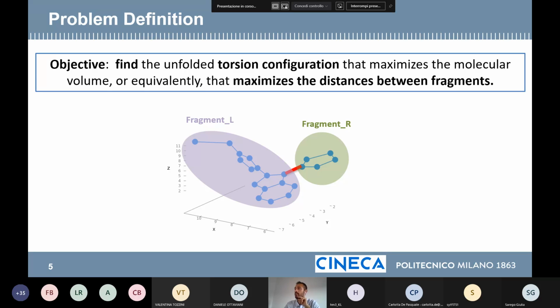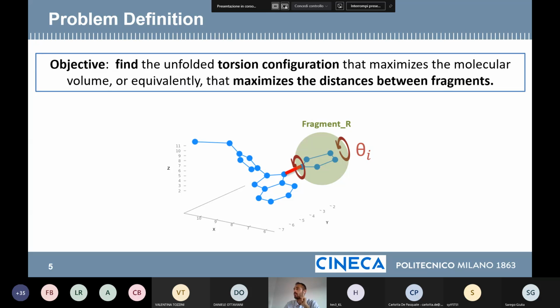As you can see here, each bond splits the molecule into two fragments, the left one and the right one, and this is true for every rotatable bond. So if your molecule has only one rotatable bond, you can treat it as a two-body system, with a rigid fragment on the right and a rigid one on the left, each considered as a single rigid body.